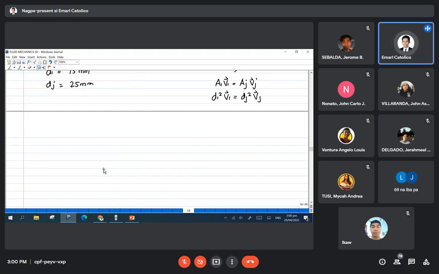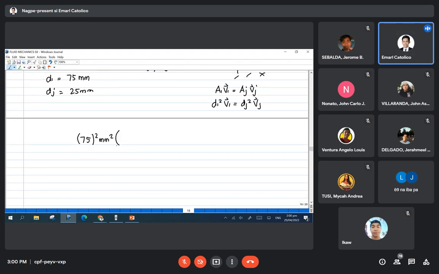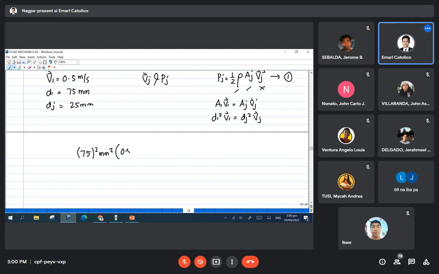Okay, so D1 squared natin is 75 mm squared. Wag na natin i-convert, unit-wise naman, mm squared. V1 natin is ilan ba? 0.5 meters per second is equals to 25 mm squared times velocity ng ating jet. Cancel si mm squared.